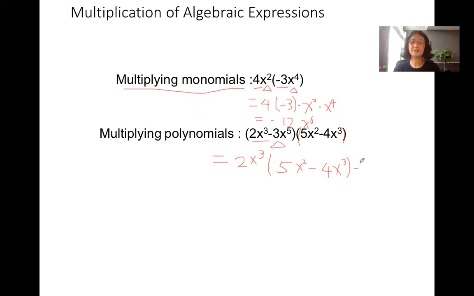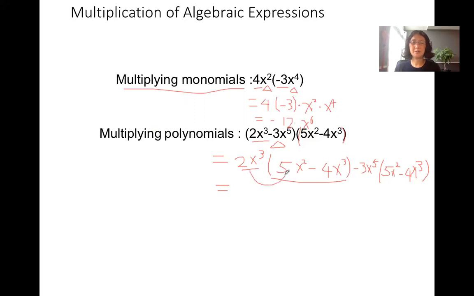So negative 3x raised to power 5, and then multiply by the bracket. And now it becomes monomials multiplied by a polynomial.